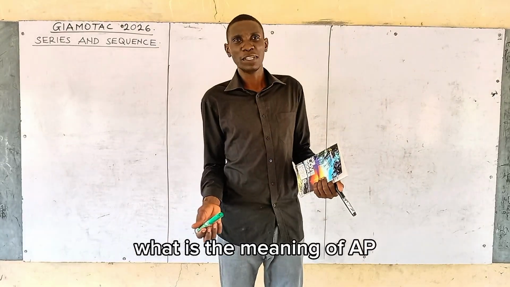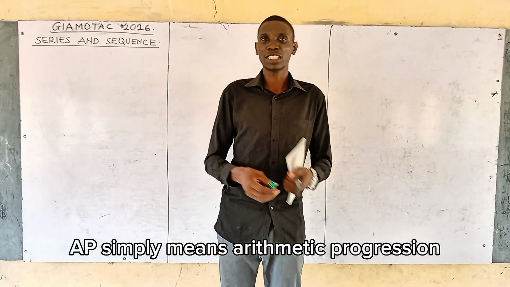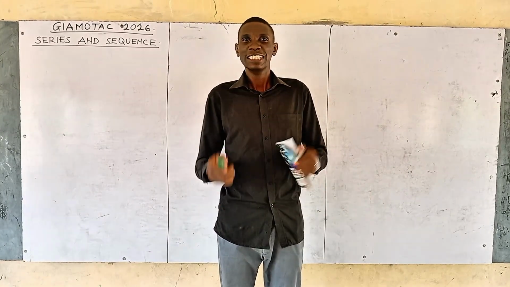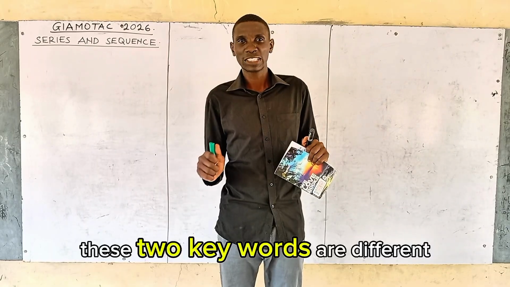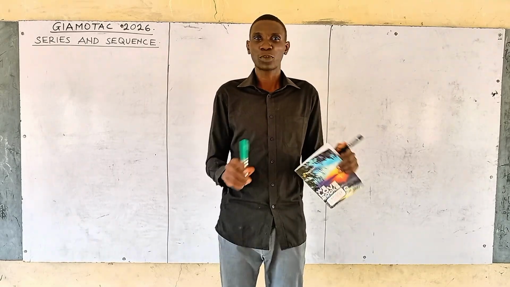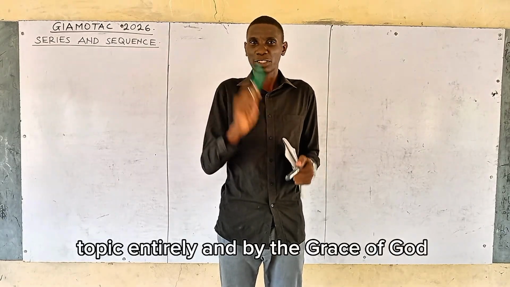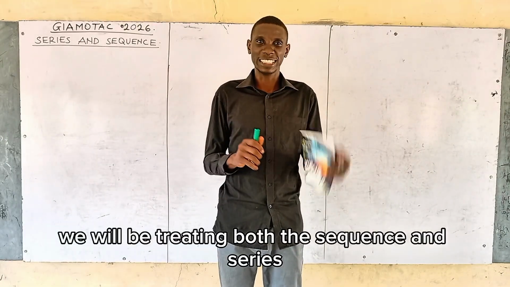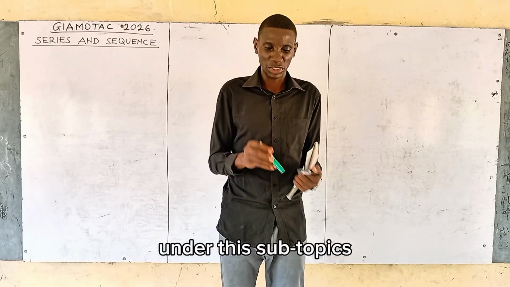What is the meaning of AP? AP simply means arithmetic progression, while GP means geometric progression. These two keywords are entirely different topics. By the grace of God, we will be treating both the sequence and series under these subtopics.